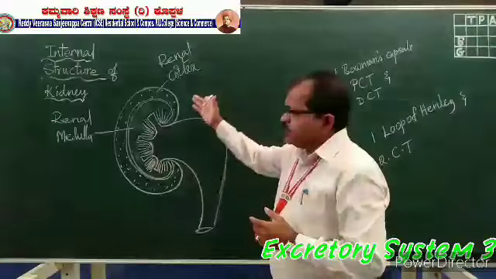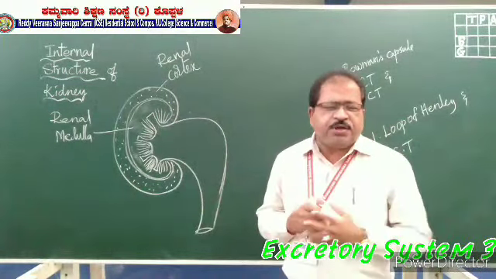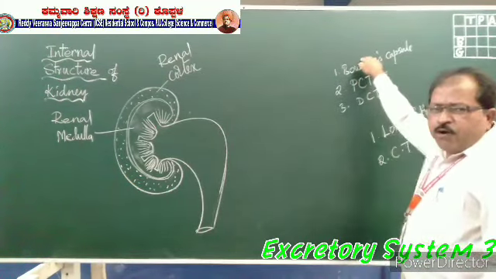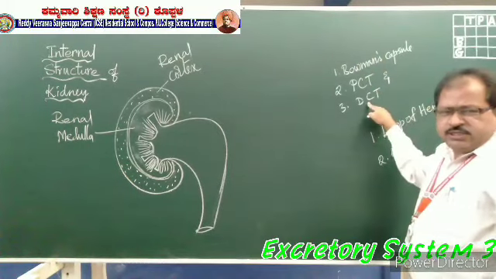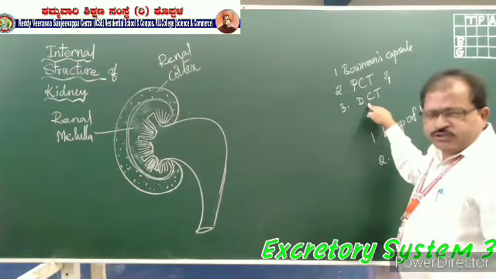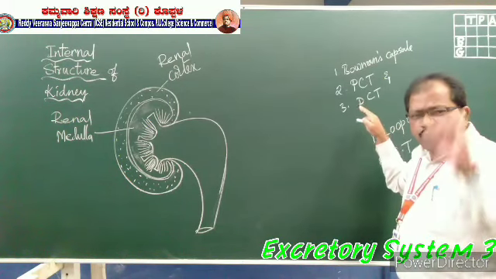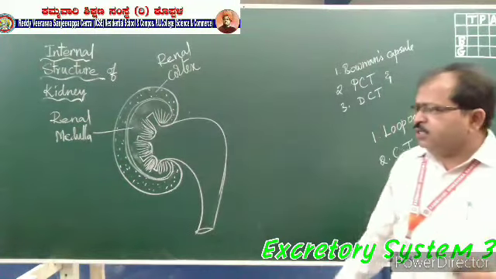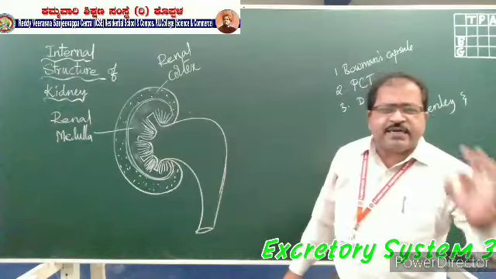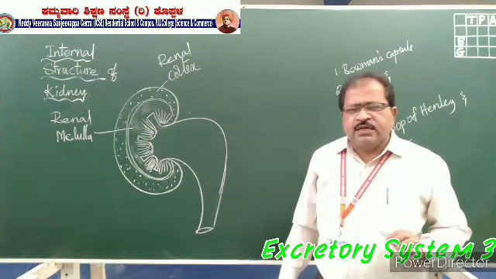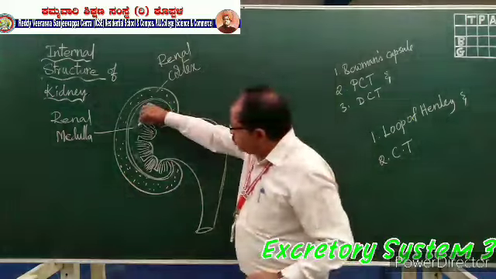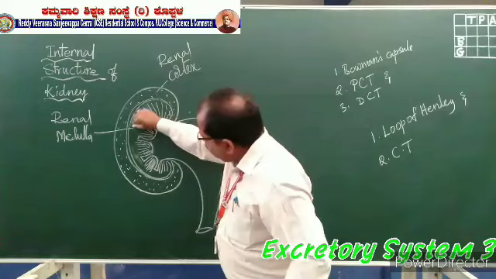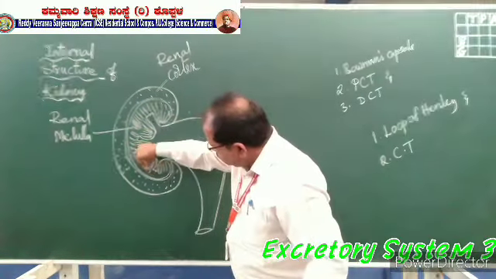Okay, the renal cortex is dark red in color with a dotted appearance. The dark red color and dotted appearance are because of the presence of the Bowman's capsule, PCT and DCT of the nephrons, which are located in the renal cortex of the kidney. Whereas the renal medulla is light red in color, and it has a striped appearance, like lines are present here.